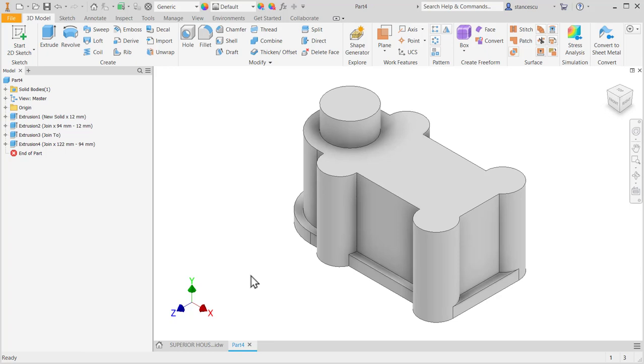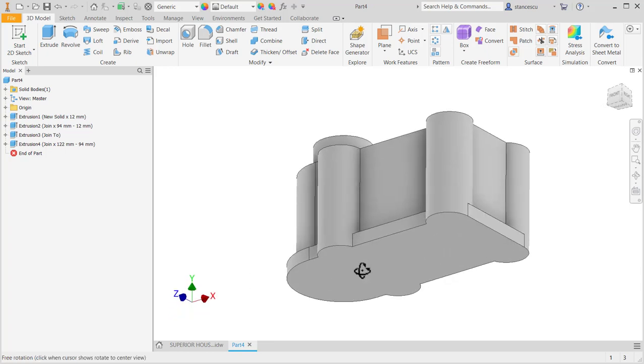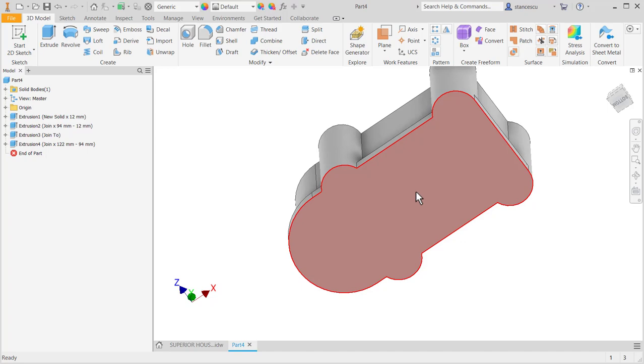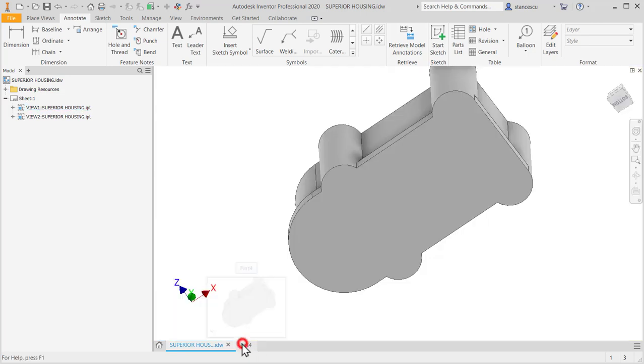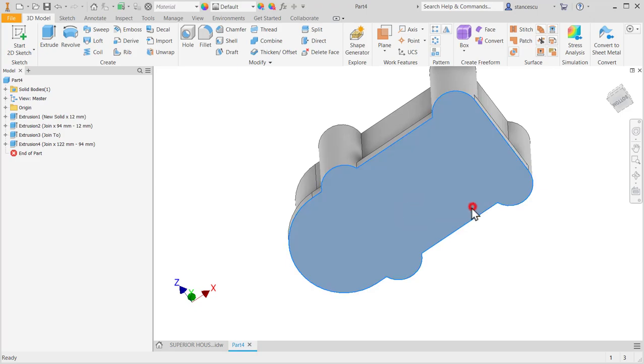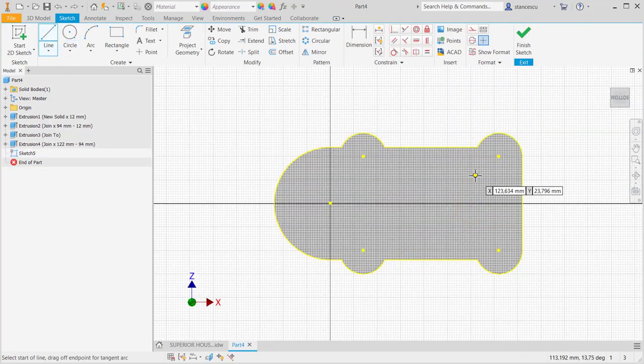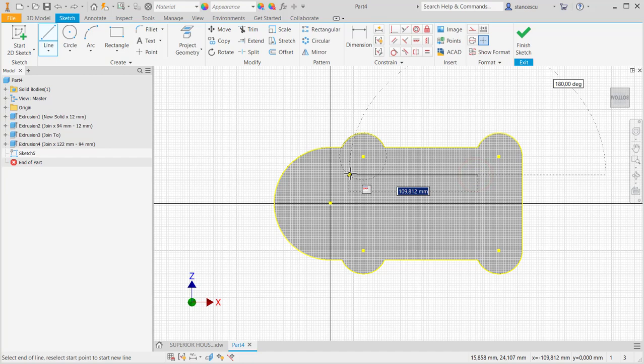Next is the hollow inside. The hollow is defined here. The cylinders are also inside with the same radius, and this is 32. I create a sketch, very known construction.